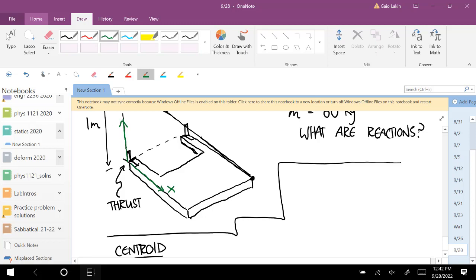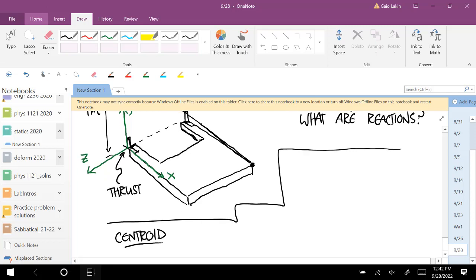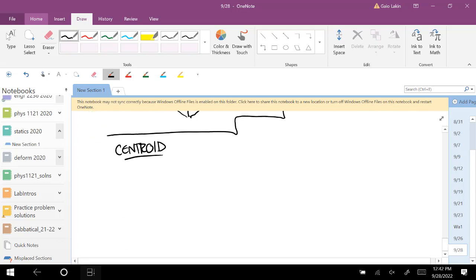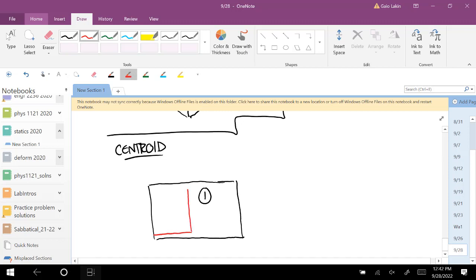I'll call this X, this Y, this Z. So this big rectangle, I'm going to call piece 1. This little square, I'm going to call piece 2.